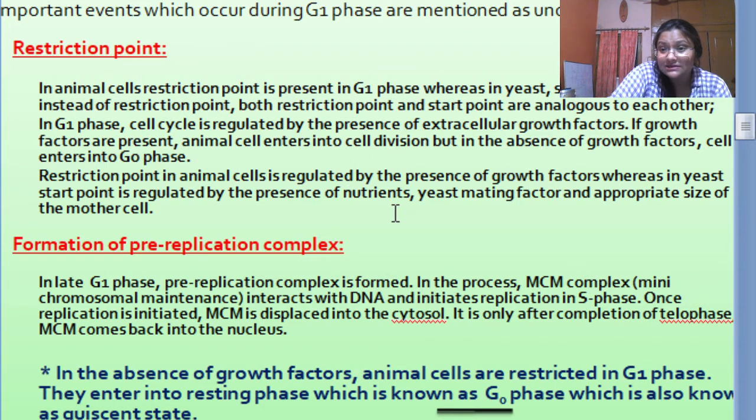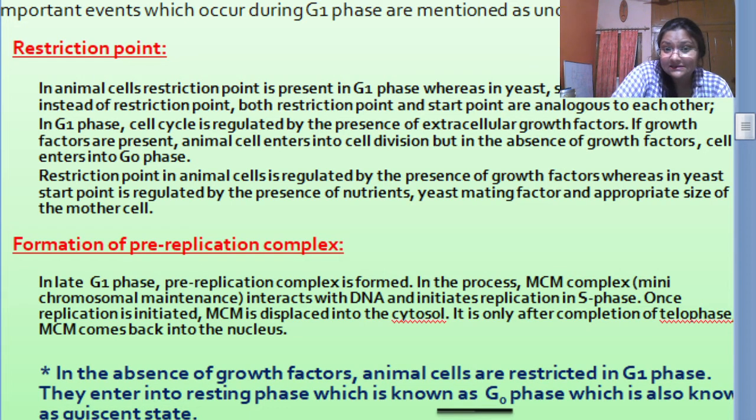Restriction point in animal cells is regulated by the presence of growth factors. Now, this is the difference between yeast cells and animal cells. In animal cells, the presence of growth factors is very important. If growth factors are there, then the cell will undergo the next phase of the cell cycle. Otherwise, it won't.